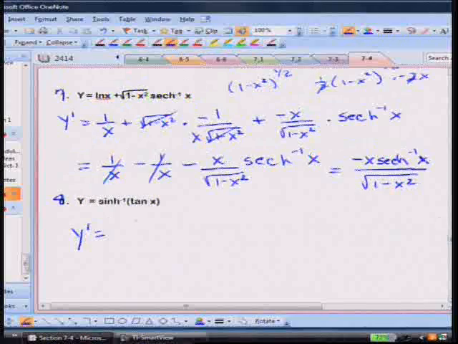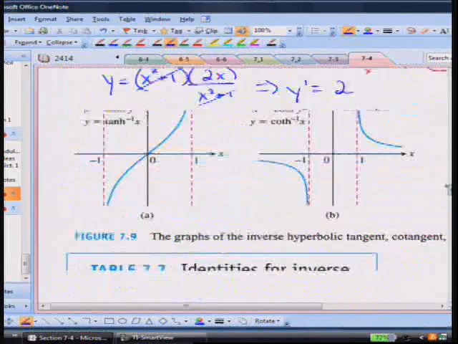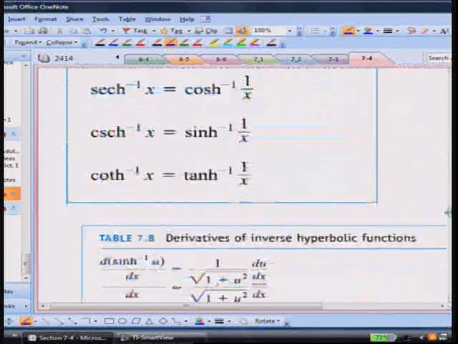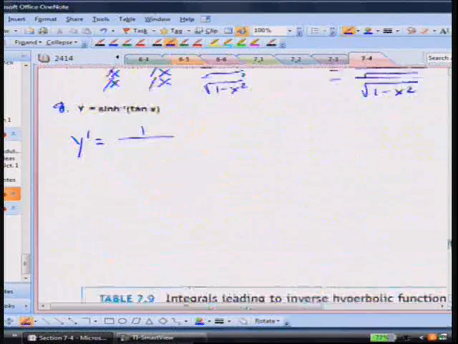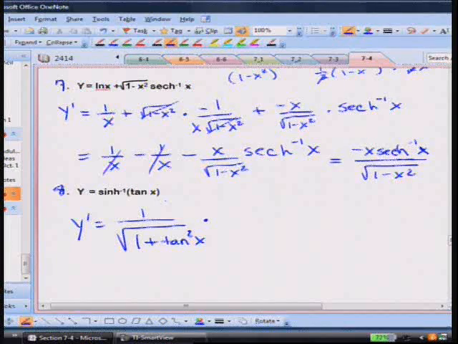Was there a square root in there? I've forgotten already. So this is going to be 1 over the square root of 1 plus tangent squared x times the derivative of the tangent, which is secant squared.